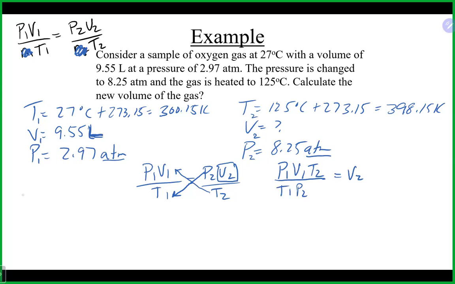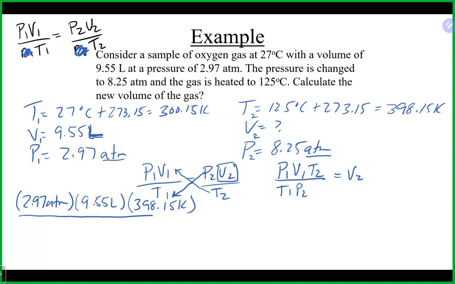Now we can put everybody in the right spot, hopefully. So we're going with P1, which is 2.97, V1, which is 9.55 liters, and T2 up on top, 398.15 Kelvin, all divided by T1, which is 300.15 Kelvin, and P2, which is 8.25 atmospheres.